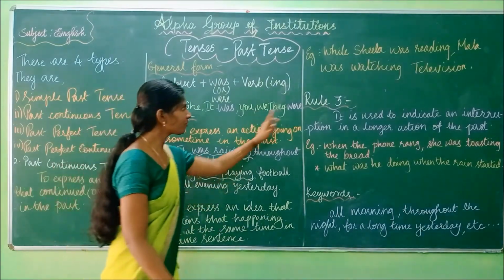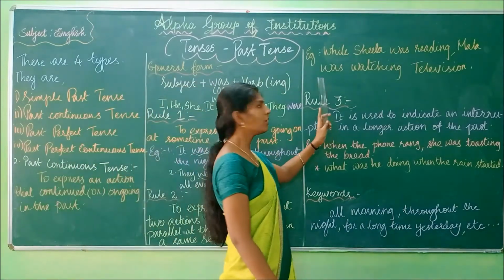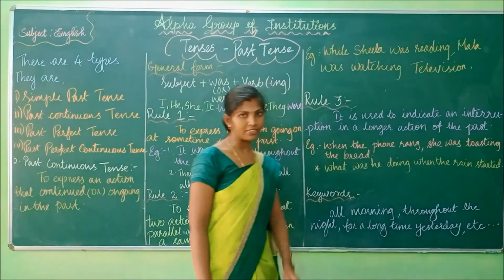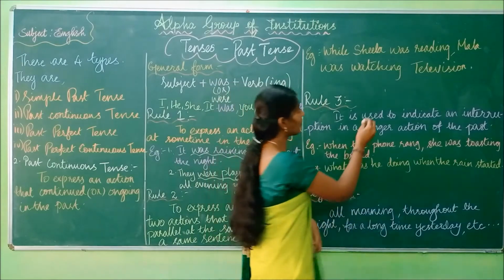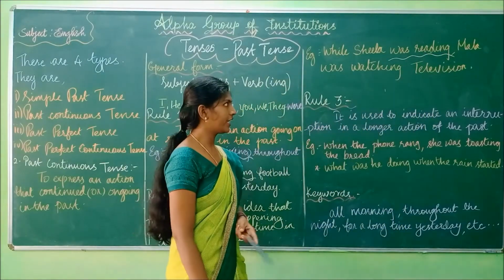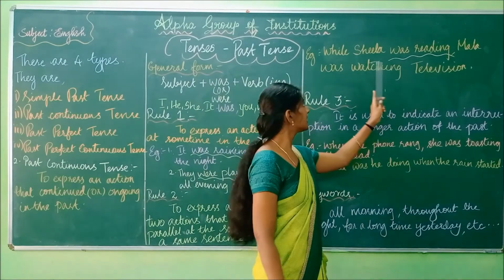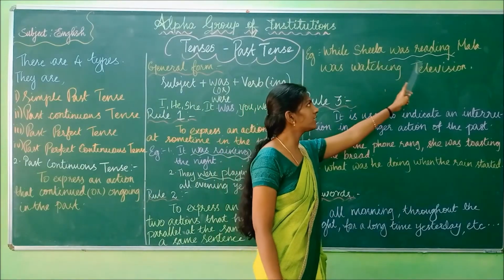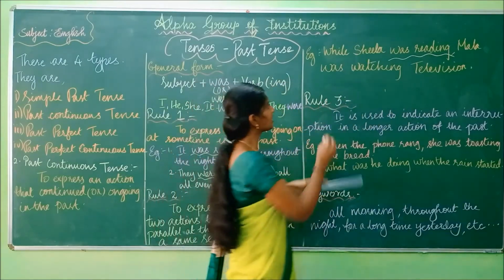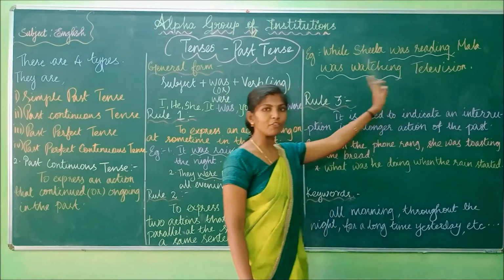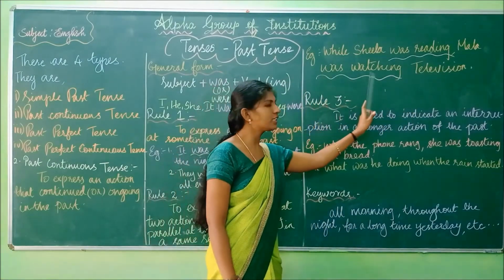So here see the example. While Sheila was reading, Mala was watching television. See, the first past continuous verb is was reading. Was reading, since it is Sheila. Sheila refers to she. So was reading, and the next is was watching. Mala refers to she. So she was watching.